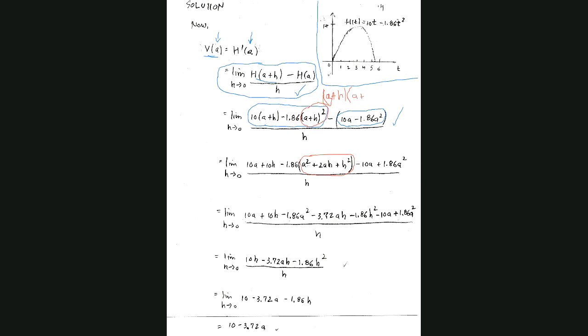You FOIL that and you'll get a squared plus 2ah plus h squared. And then of course, I'm doing some math above. 10 times a plus h is 10a plus 10h. And then I distribute this minus through the 10a and the negative 1.86a squared. And that gets me what's there.